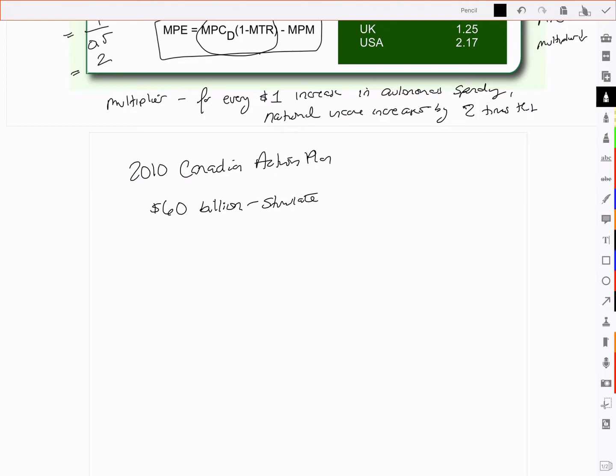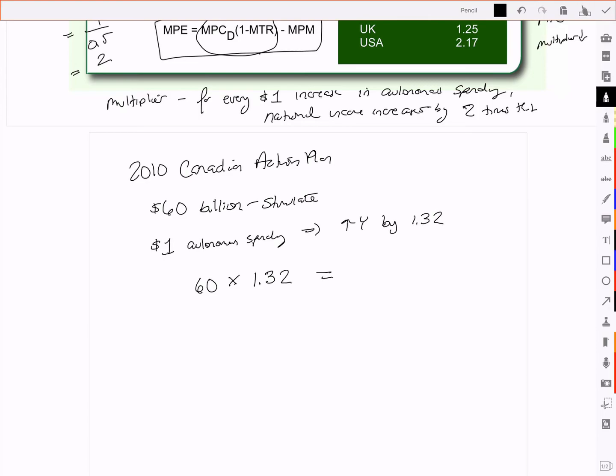Well, according to the multiplier, for every $1 of autonomous spending, it's going to increase national income by how much? 1.32. Okay, so why would they spend $60 billion to stimulate the economy? Well, if they spend $60 billion of autonomous spending, then national income would increase by 1.32 times that.